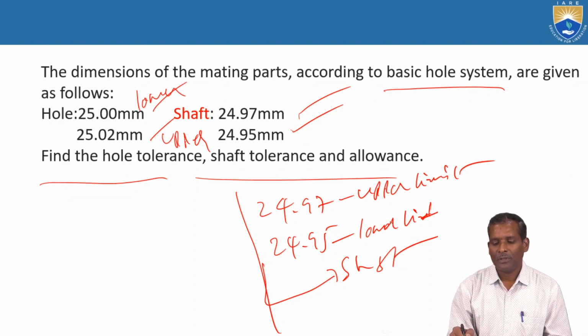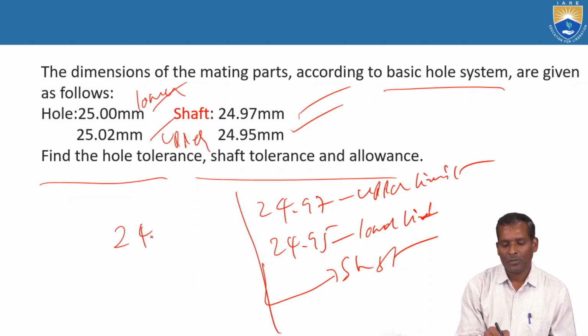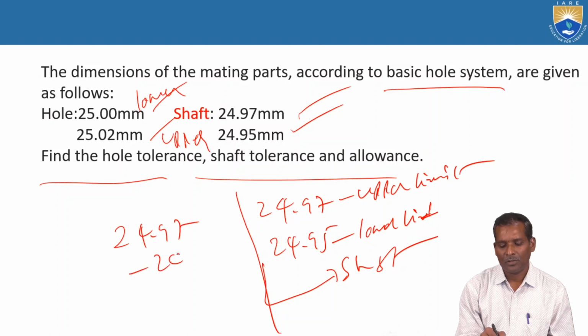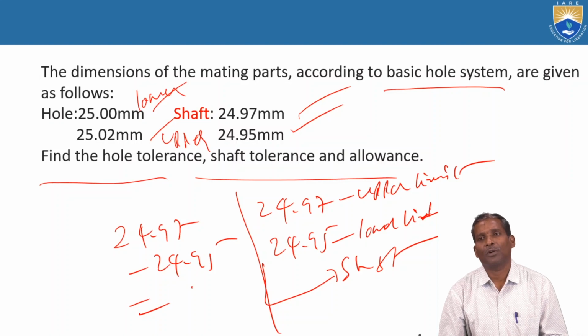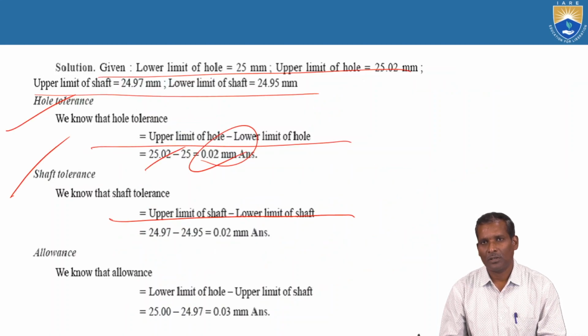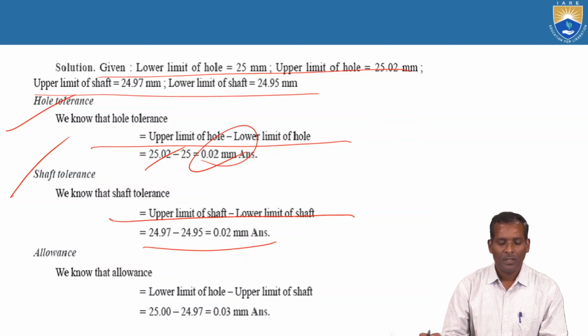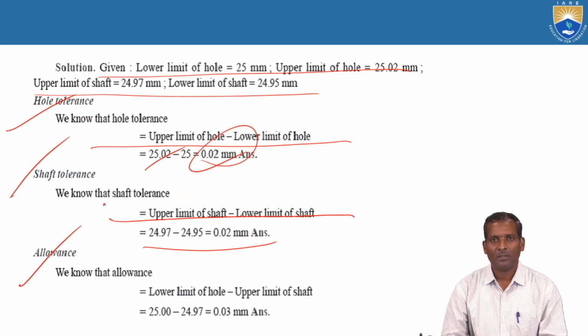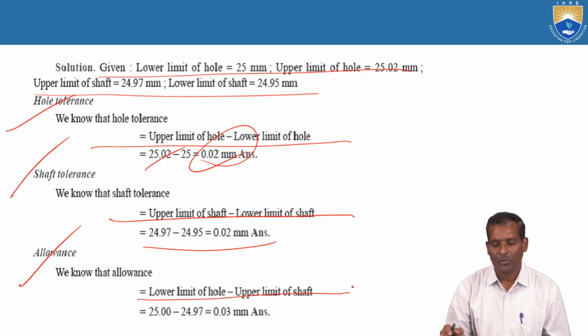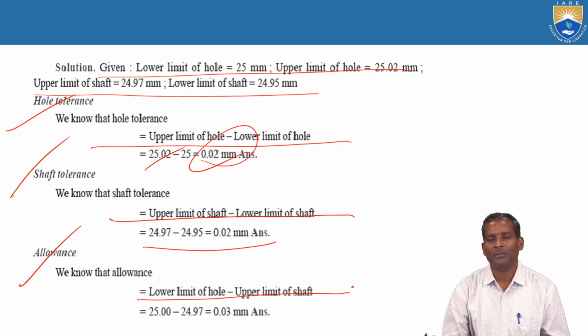So the difference between these two, upper and lower, 24.97 minus 24.95, gives the shaft tolerance. Shaft tolerance and hole tolerance are calculated: 0.02. Next, allowance. Allowance is the lower limit of the hole minus the upper limit of the shaft.